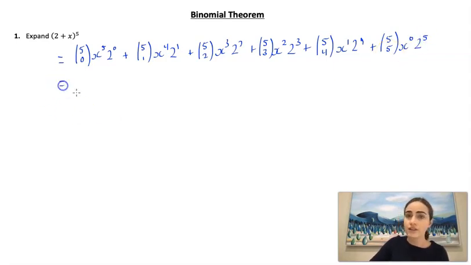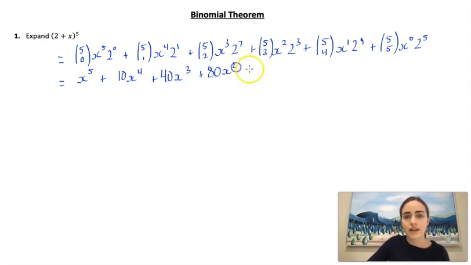Then I can go through and work all those out and simplify them down. I'm just going to end up with x to the power of 5, plus 10x to the power of 4, plus 40x cubed, plus 80x squared, plus 80x, plus 32.